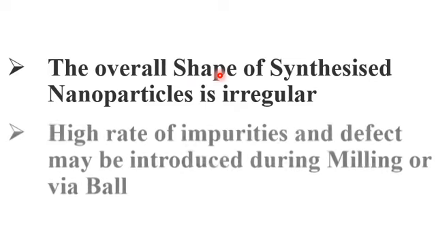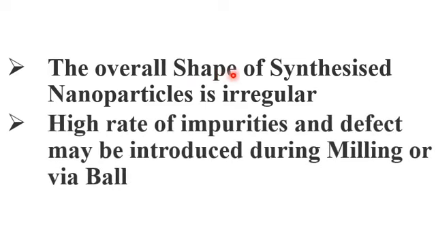Another disadvantage of the ball milling process is that impurities and defects may be introduced during the milling or via the ball. This is very important. It is a serious drawback of the ball milling process, that this process involves impurity.